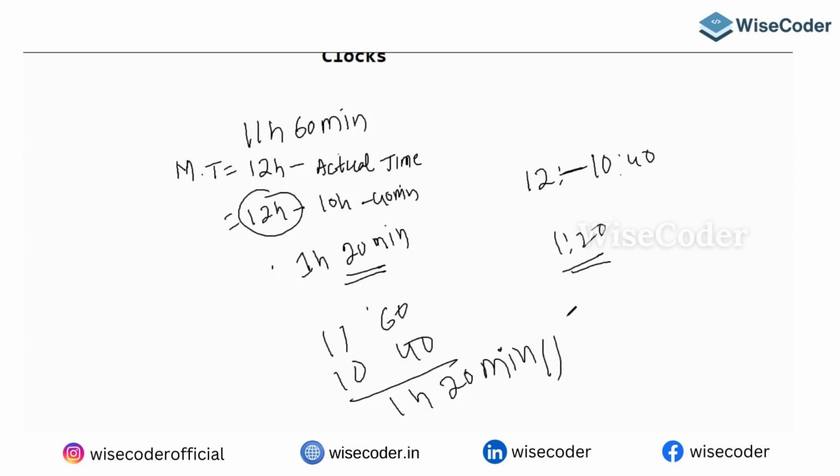We have come across 11 by 2 m minus 30h, which is in mod, and mirror image questions. And the hands coincide every 65 5 by 11 minutes, going slow, going fast. We have seen all the types of questions.